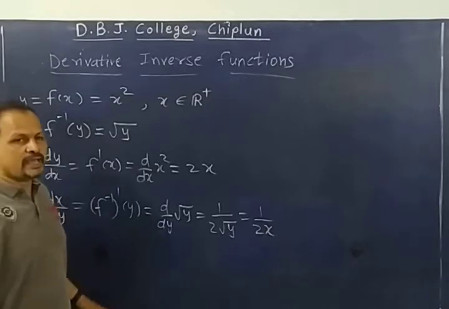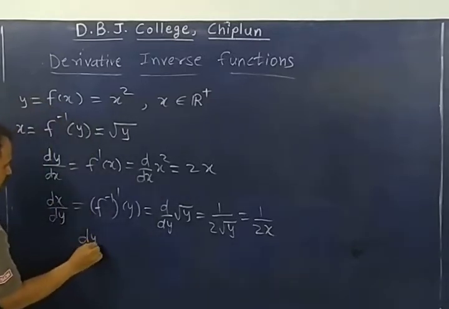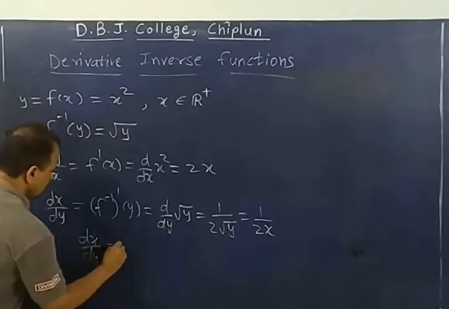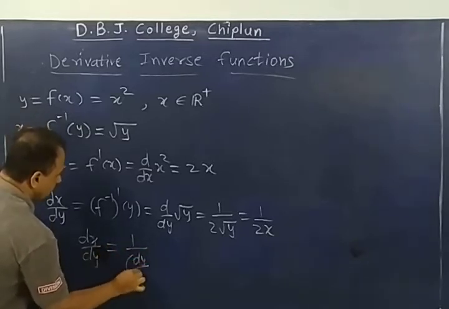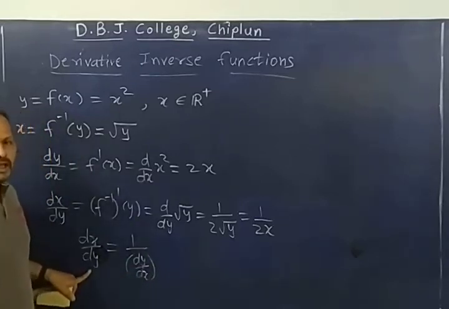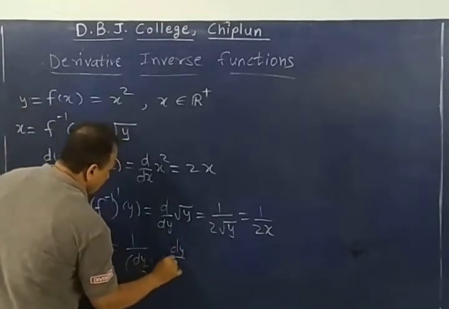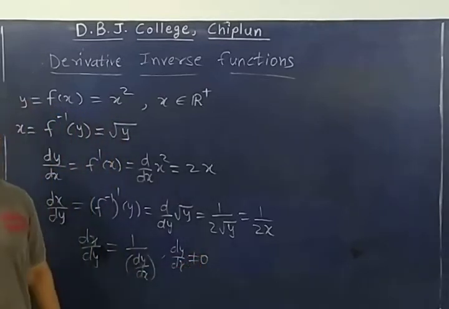So we can think that dx by dy, that is the derivative of the inverse function, is equal to 1 upon dy by dx. Yes, this is true, and this is true only when dy by dx is not equal to 0.